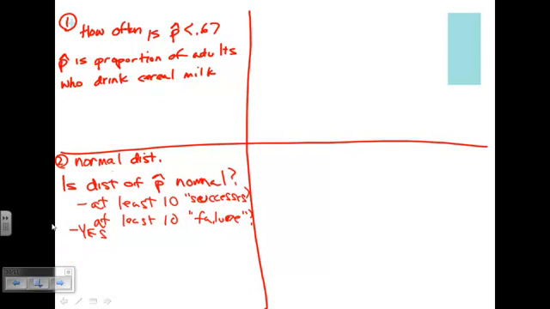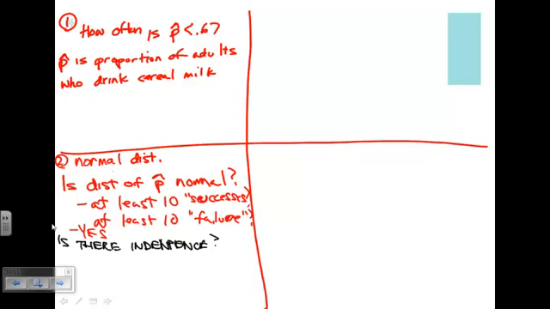Okay, you know what? I want to start using this notation for this. Because when I ask that question about whether I can use the standard deviation formula, I'm really asking the question, is there enough independence in the way we're doing things?